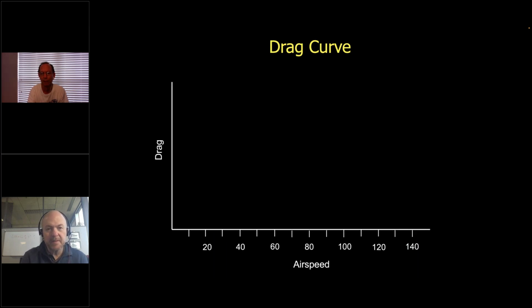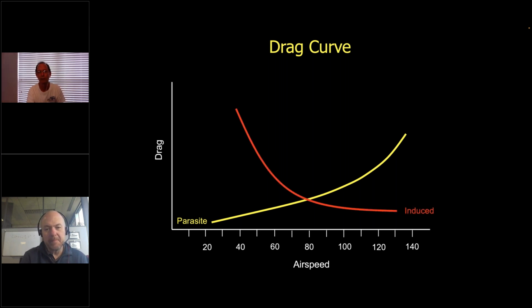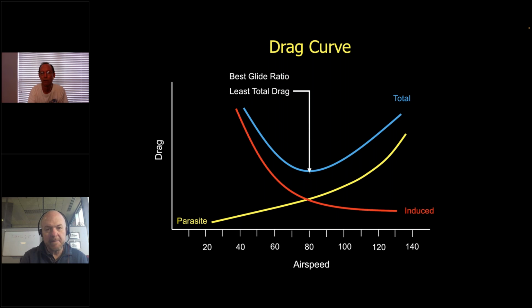You don't have a glide polar in your aircraft. What you have is typically a drag curve diagram, where you've seen one in your training, where you have parasite drag increasing with airspeed and induced drag decreasing with airspeed, and then the total drag curve. It turns out that your best glide ratio occurs where the total drag of the aircraft is at its minimum, and the airspeed at which that occurs is the best glide airspeed.